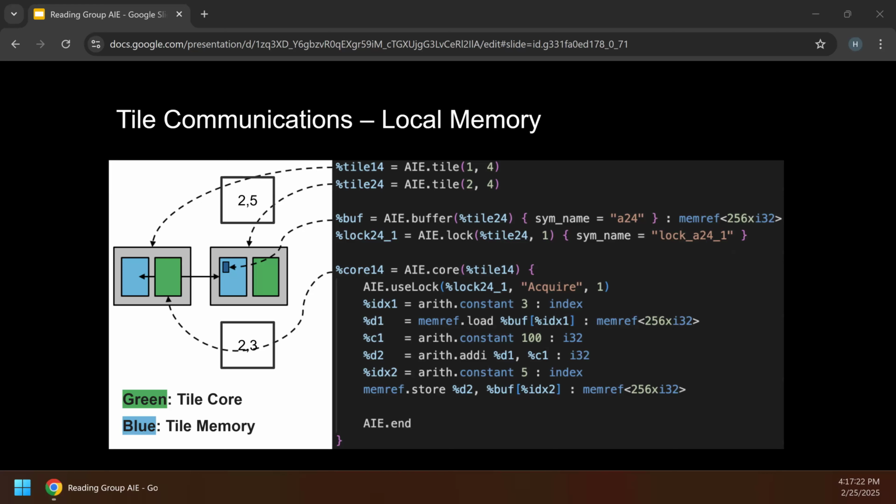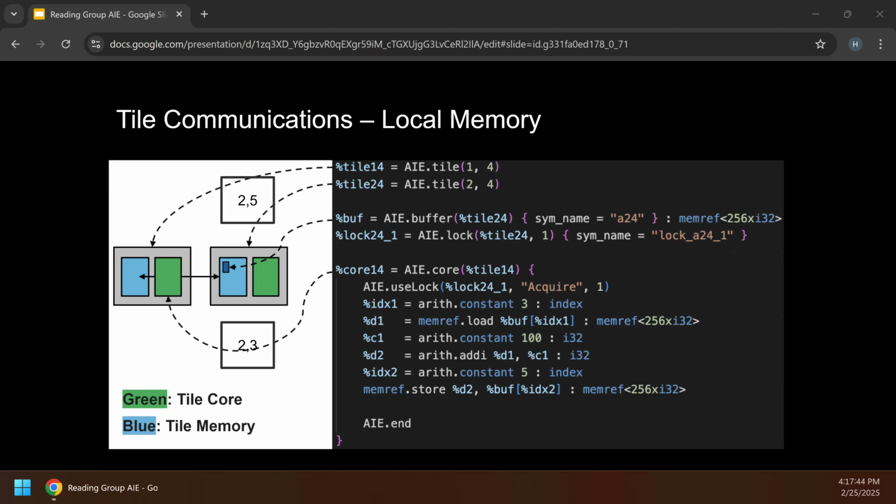In general, each processor can access the memory in its own tile and also the memory of the tiles to the north and south, and the memory of either the east or the west tile, depending on which row this tile is located at.